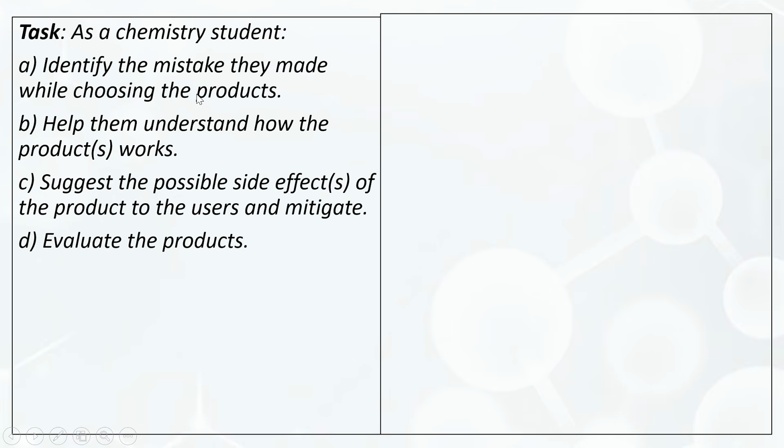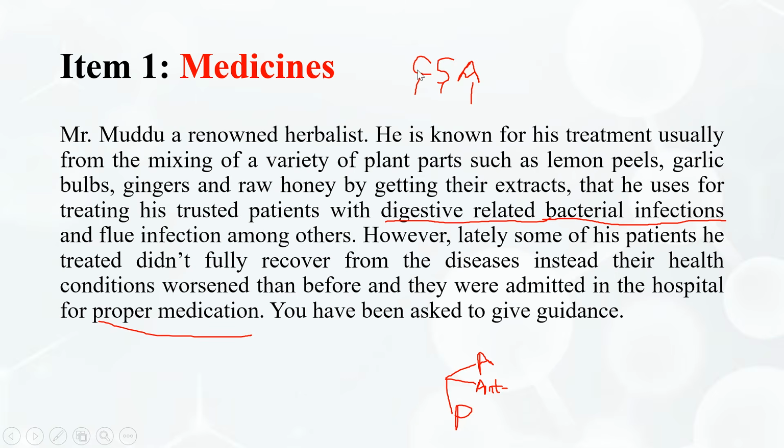Like now, you could have written down these tasks. You first check yourself, have you passed it or not? At the end of it all, when I bring up my responses, you'll be able to score yourself before you see my responses. So we have seen in the scenario that the disease this person was treating was bacterial infections.